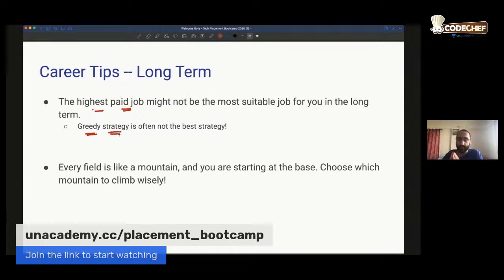Again, I would like to stress that it is very, very important to be financially stable. It is very, very important to get a placement or a company which pays you well. I'm not at all saying that money does not matter, it does.